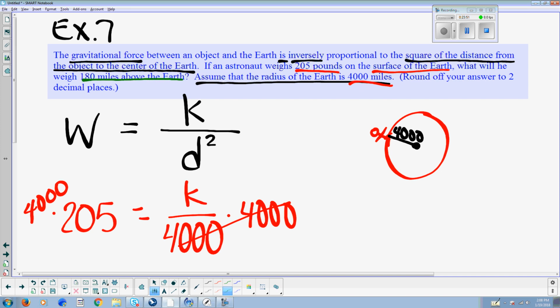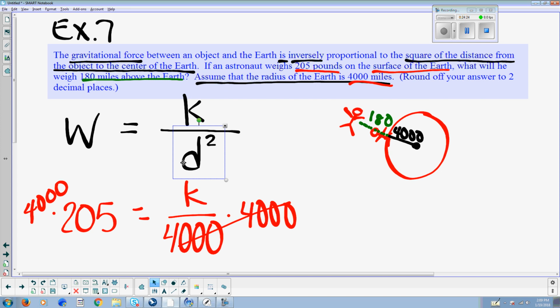180 miles above the Earth would mean that this distance is 180 more miles out, and now our little astronaut is floating out here in space. 180 miles. I know this is not drawn to scale, but 180 miles out from Earth's surface. So now the distance, which is represented here in our formula, this D, our distance is not going to be 180.